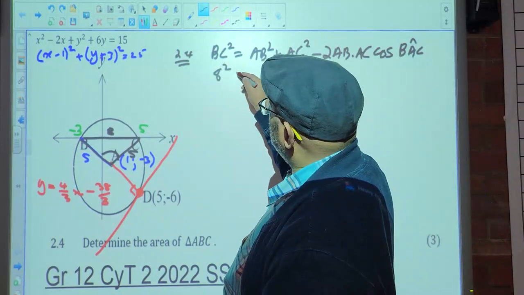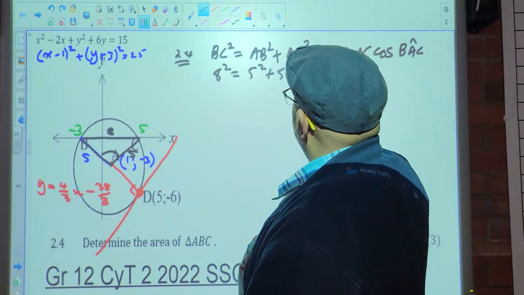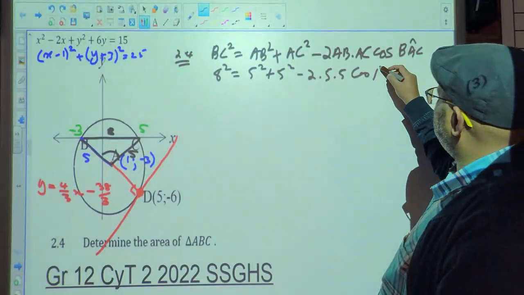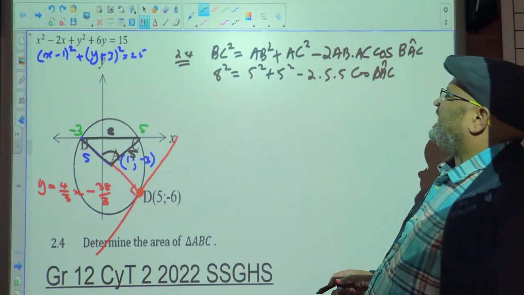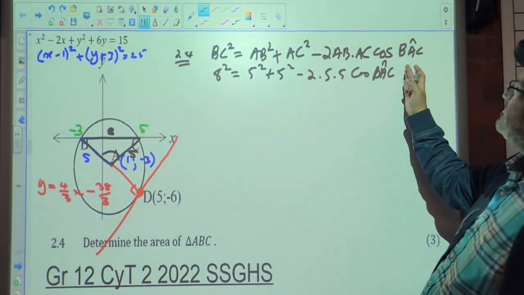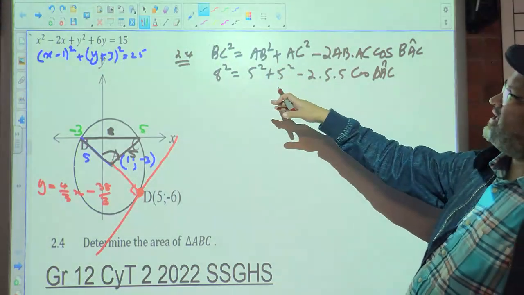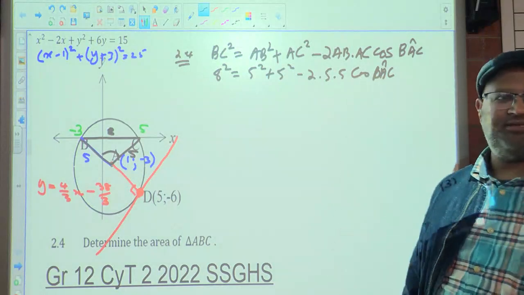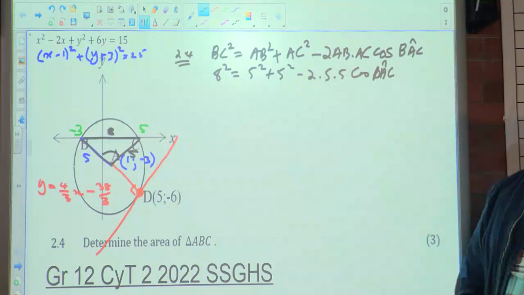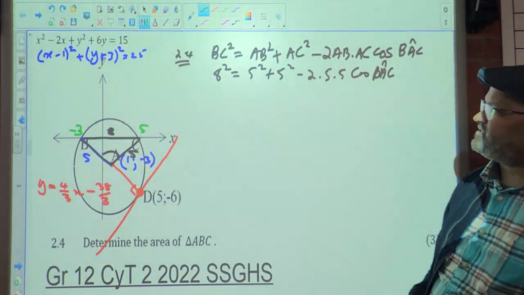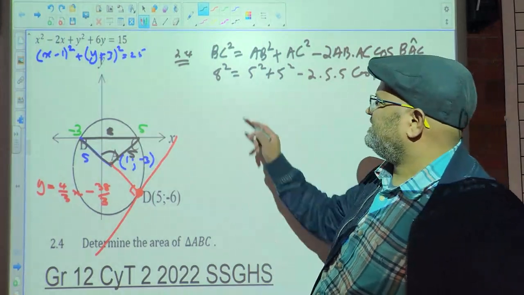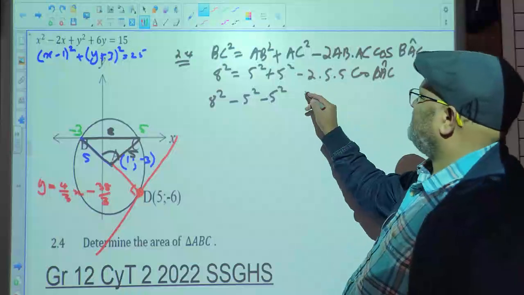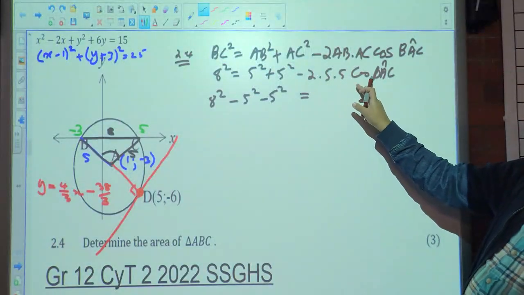So that's going to give you 8 squared is equal to 5 squared plus 5 squared minus 2 times 5 times 5 cos of BAC. Now I know some of you can just write cos BAC is equal to BC squared minus AB squared minus AC squared all over negative 2AB times AC. I can't remember so many things, so I just use the basic formula and manipulate it, which is fairly simple. So 8 squared minus 5 squared minus 5 squared, I took that over the equal sign, then I'm left with negative 2 times 5 times 5 cos of this angle.